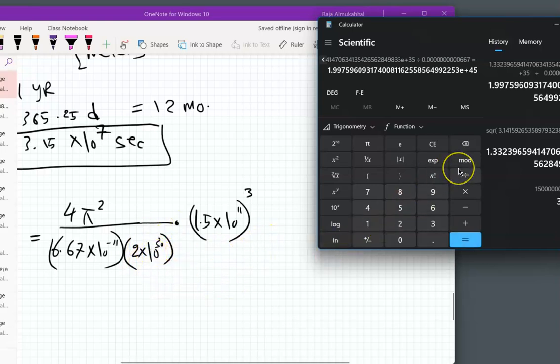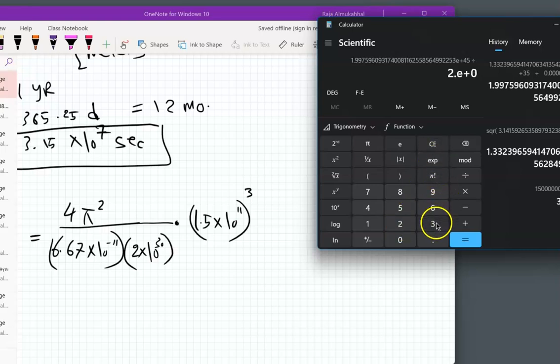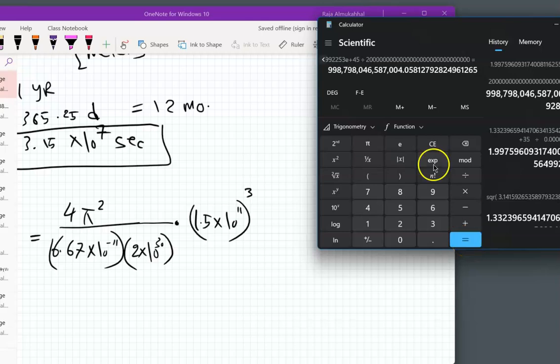So divided by 2 exp 30, equals, and we got this big number. Let me put it in scientific notation: 9.99 times 10 to the 14, basically 10 to the 15.